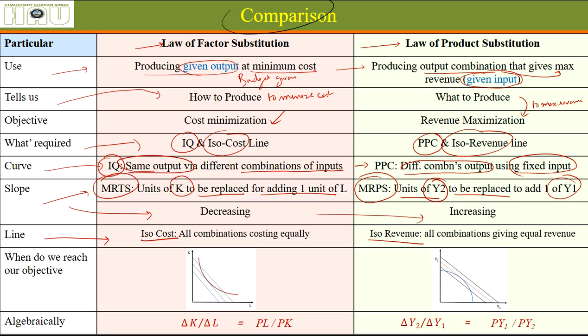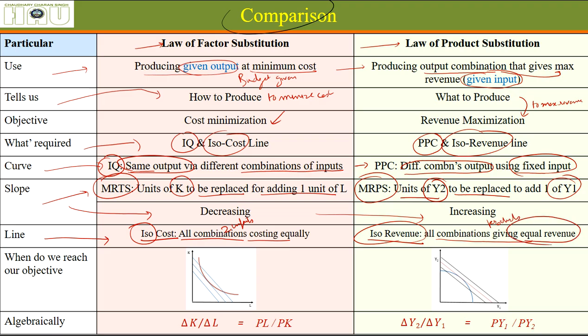Here it is called the ISO revenue line. ISO means same cost: all combinations of two inputs that are going to cost equally. ISO revenue: all combinations of two products that are going to give equal revenue.